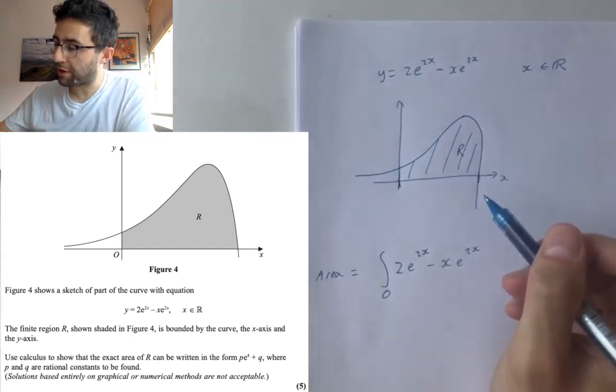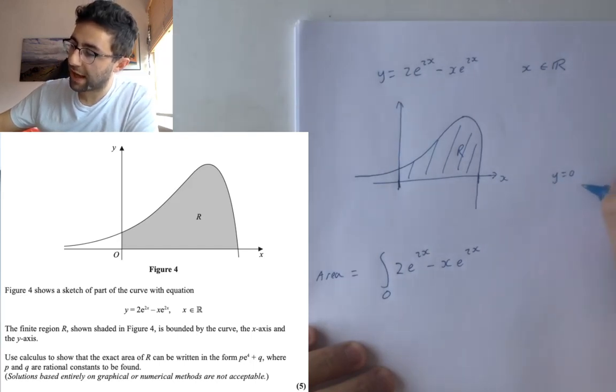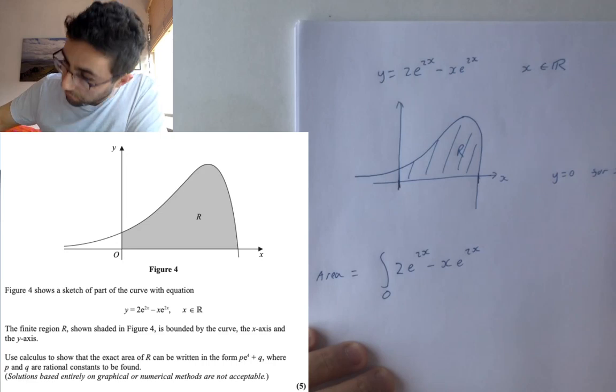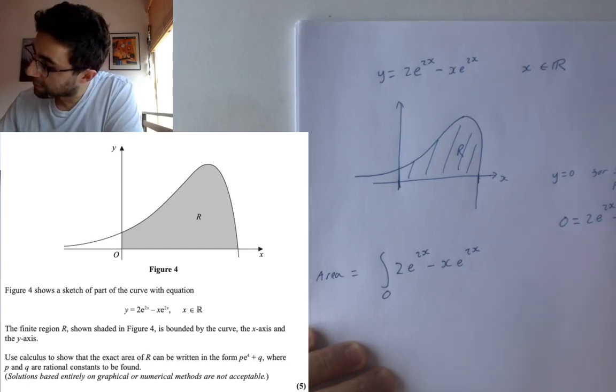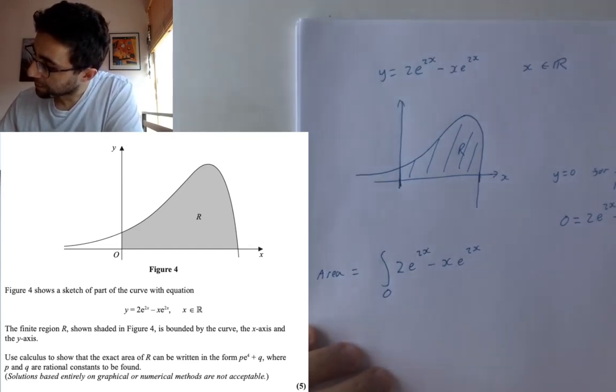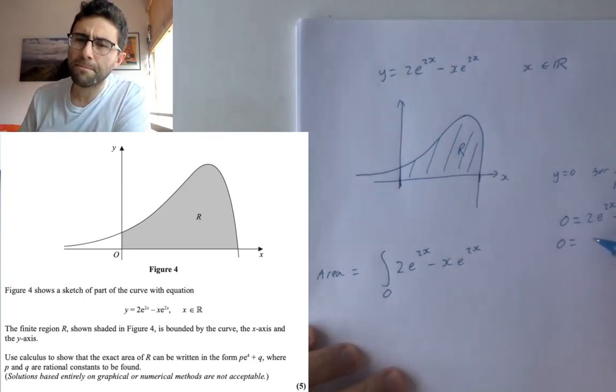So what I'm saying to you is, 0 equals 2e to the 2x minus x times e to the 2x. Factorize, pull out an e to the 2x, and so you're left with e to the 2x brackets 2 minus x. And then either that is 0 or that is 0. Now, e to the 2x can never be 0, because try it actually.